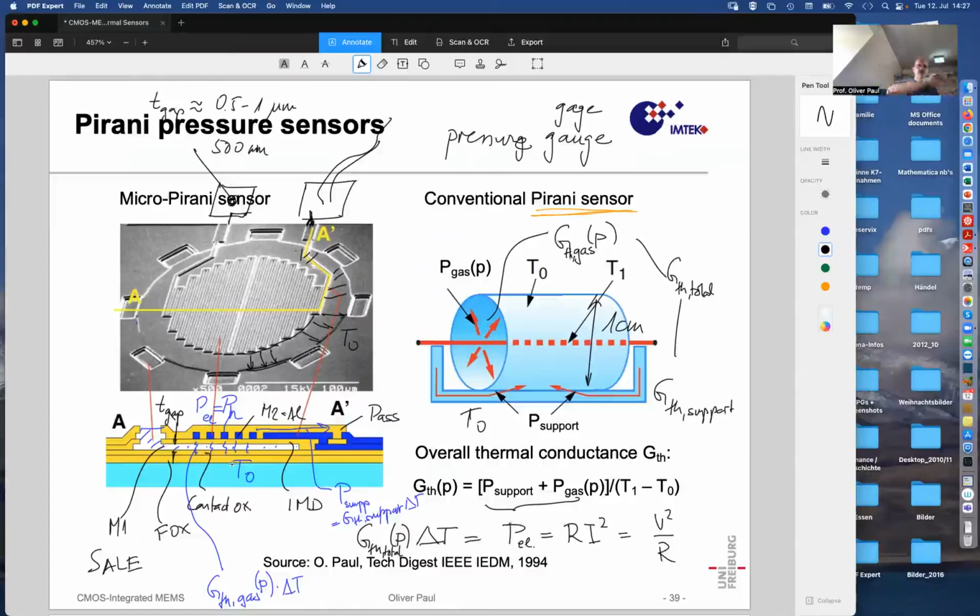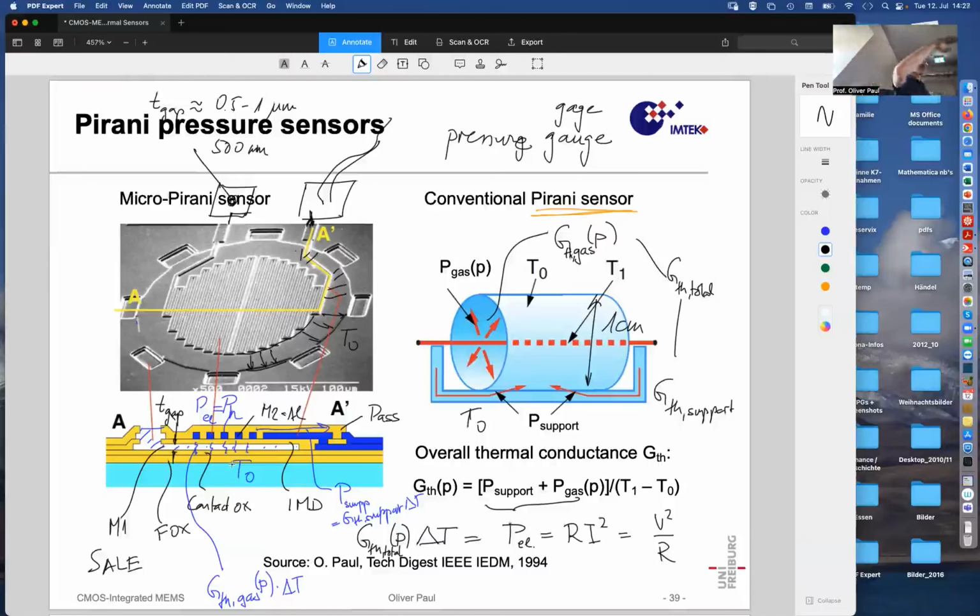And if you increase the pressure to higher pressures, this gas contribution will remain constant because it is independent of pressure. The pressure increases, there are more molecules, but they conduct less far. They have a mean free path that goes inversely proportional to the density, and the kappa is constant. And therefore, there is no pressure sensitivity from room pressure to higher pressures.